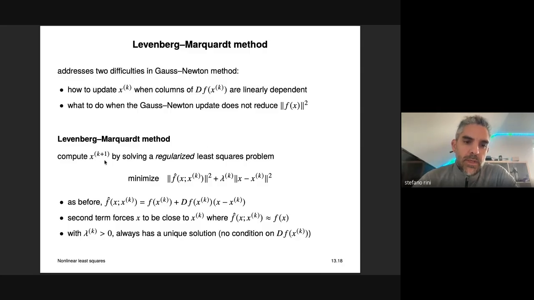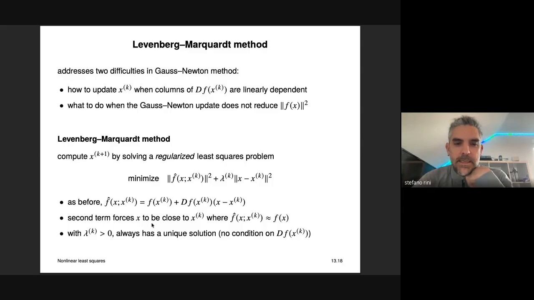So what we do is compute a regularized least squares problem. Here we minimize f hat, the linearized version, plus lambda multiplied by the difference between x and x of k. Okay, so this contributes a term to our linearized version.